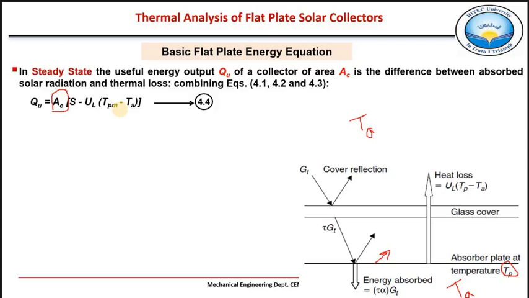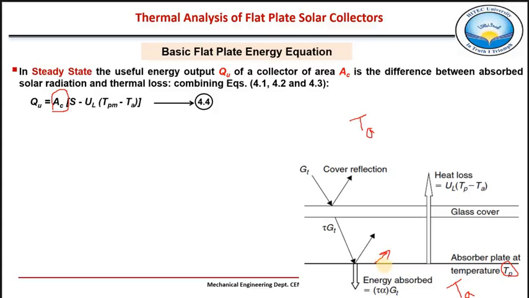Okay. So this TPM is unknown, and that is not easy to calculate because it is a function of many things depending upon the amount of radiation which is available, total G. Right, so this TPM is a function of the type of solar collector which we are using, flat plate, evacuated, or any other type of solar collector. And even in the flat plate solar collector, there are many variations in how the plates are attached, right?